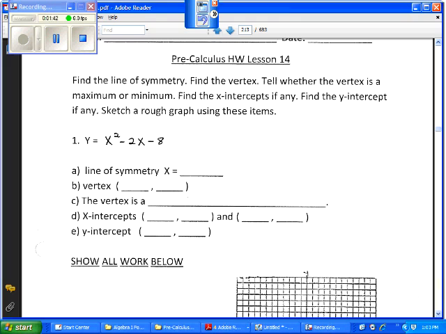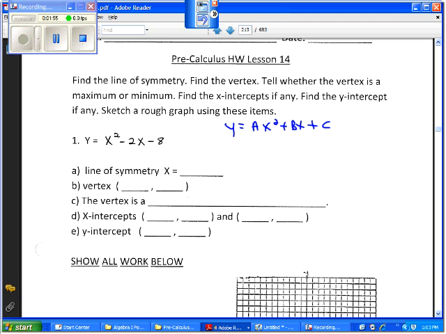The standard form of a quadratic is y equals ax squared plus bx plus c. And what we want to know is our standard form rules. In standard form, if a is positive, what's going to happen?